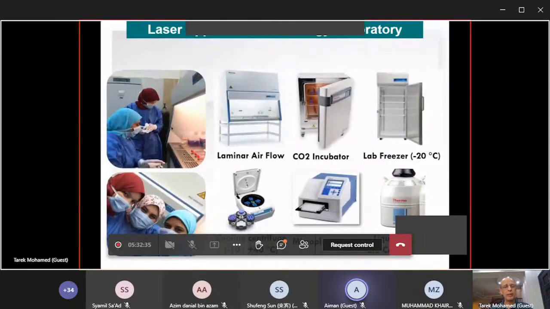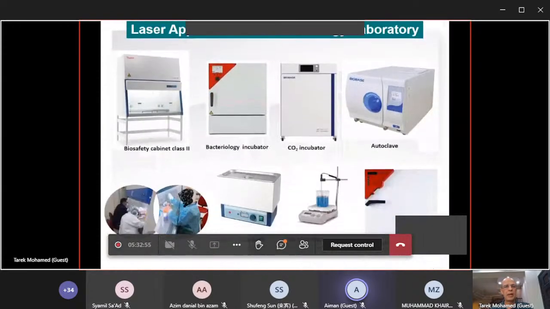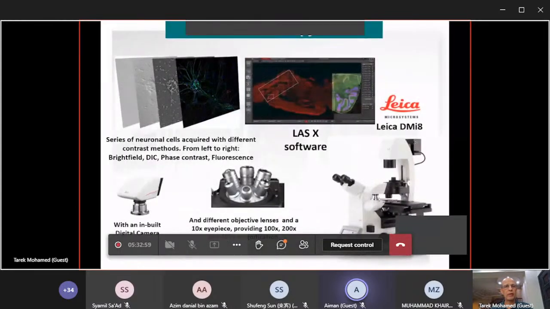We also have a lab for laser application biology, equipped with biological equipment like laminar flow, CO2 incubator, centrifuge, microplate reader, and liquid nitrogen for keeping the organisms and cells. We have laser application microbiology and a microscope unit, mostly for the biologists.